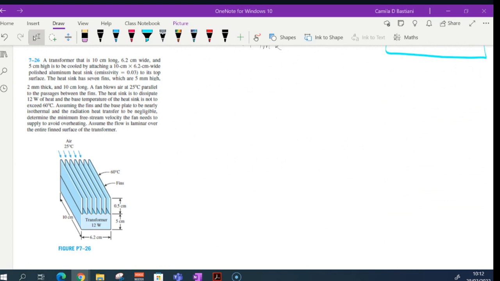Okay. So, a transformer that is 10 centimeters long, they're giving us the size of the transformer, and 6.2 centimeters wide.